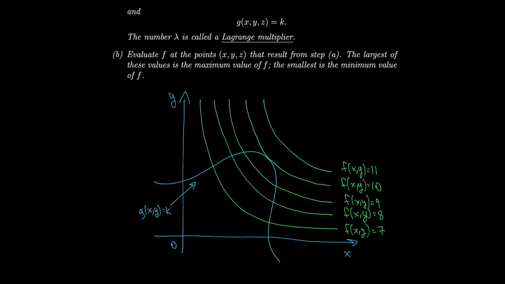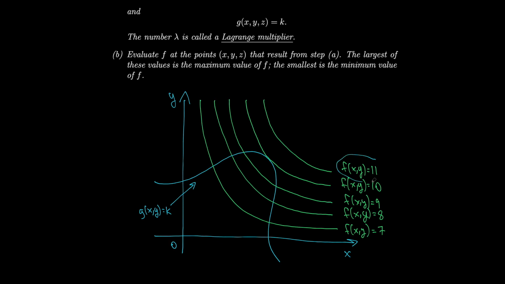Notice that if I want to know the maximum z value subject to the constraint g of x, y equals k, then I should look at each of these level curves and see which level curve with the biggest z value is still intersecting g of x, y equals k. I discount this level curve because it doesn't intersect g of x, y equals k, so it doesn't satisfy our constraint.